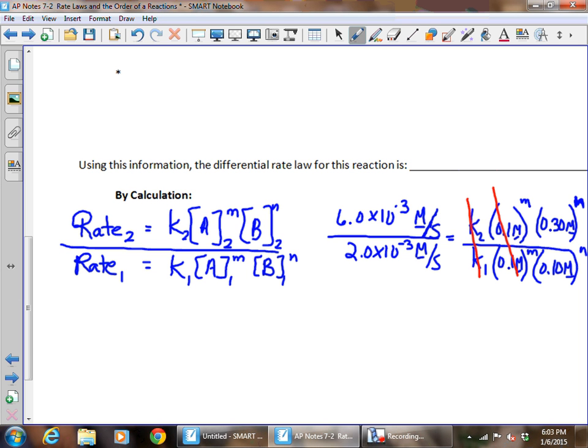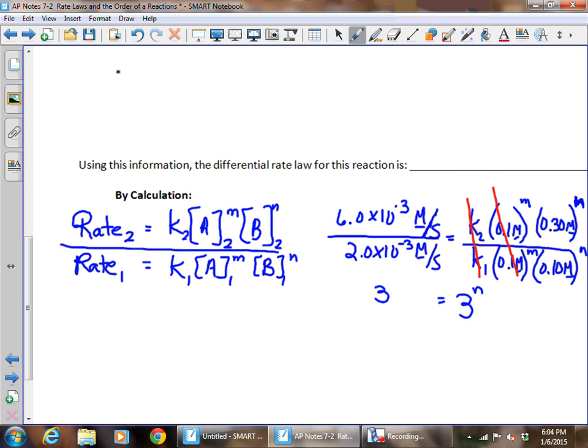So what this tells us is that when you divide 6 by 2, you get 3. So 3 is going to be equal to 0.30 to the n over 0.1 to the n. If you remember the rules for working with exponents, whenever you're dividing, you're simply going to be able to write this as 0.3 divided by 0.1 raised to the n.